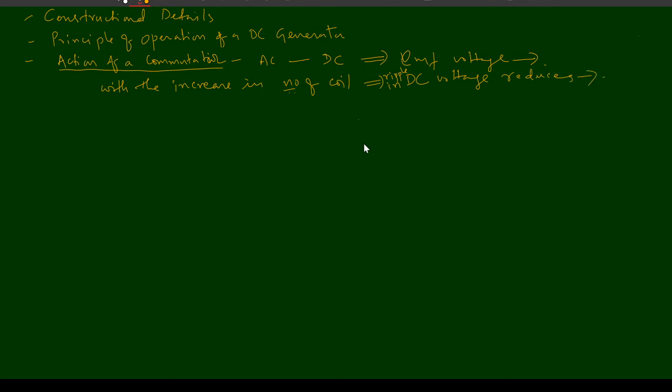That is what I stated in the last class. So we will discuss a small section to show that with the increase in the number of coils, the ripples in DC voltage will reduce.